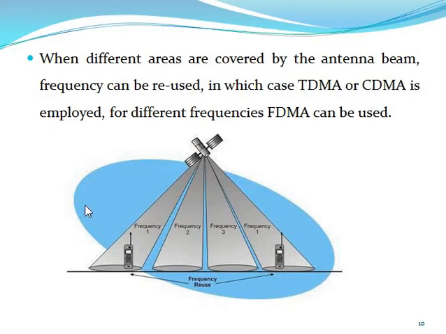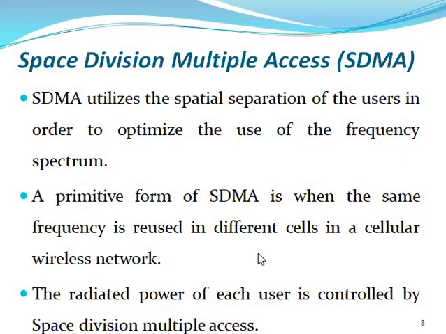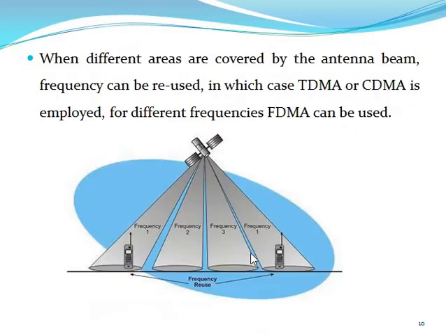So what is space division? In space division, we also use different frequencies for satellite communication, and you receive signals based on the satellite for the cellular wireless network. In use of the frequency channel, you receive some signal from space for direct communication.